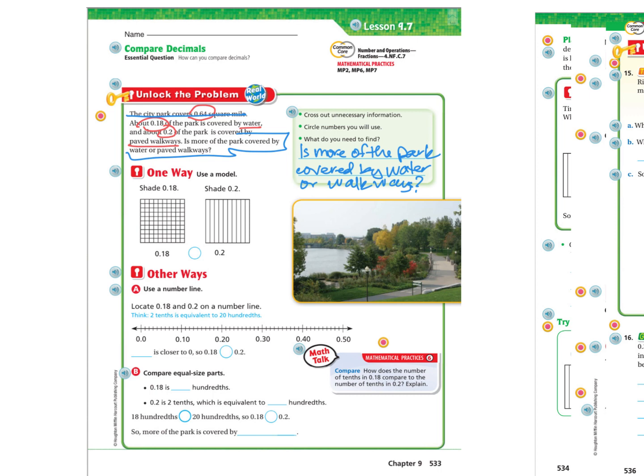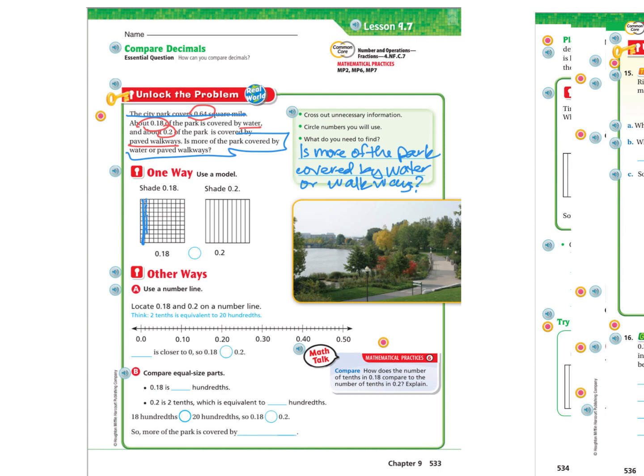Okay, very good. So one way is to use a model. So let's go ahead and color in the 1800s. Do we have a 10th in 1800s? Yeah, so let's color in 1/10. Okay, and do we have hundreds in 1800s? Yeah, we have 8. Okay, so we're going to color in 1, 2, 3, 4, 5, 6, 7, and 8.